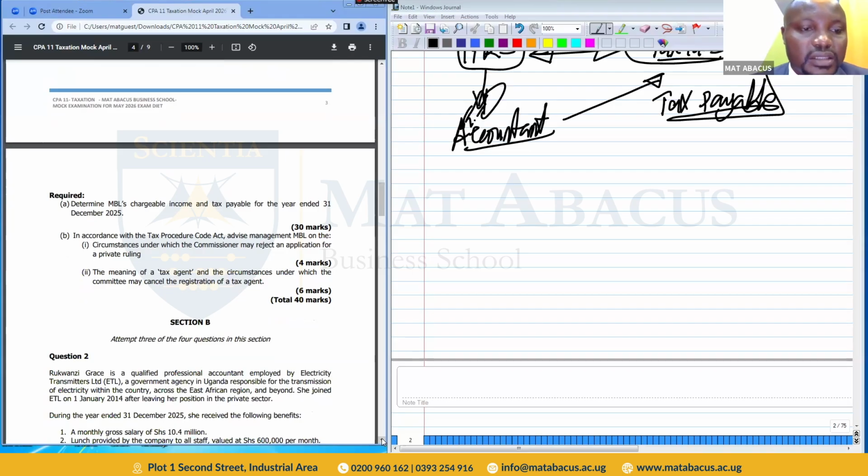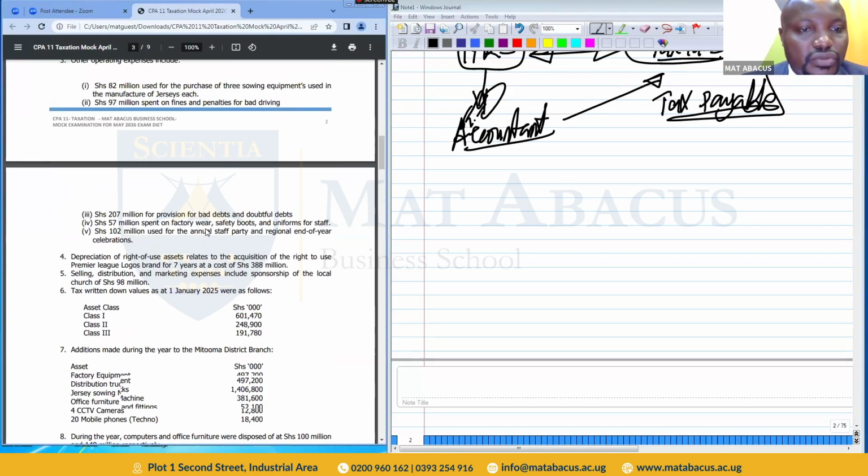Question 1 required says: determine MBL's chargeable income and tax payable for the year ended 31st December 2025. In accordance with the Tax Procedure Code Act, advise management of MBL on the circumstances under which the commissioner may reject an application for a private ruling, the meaning of a tax agent, and the circumstances under which the commissioner may cancel the registration of a tax agent.